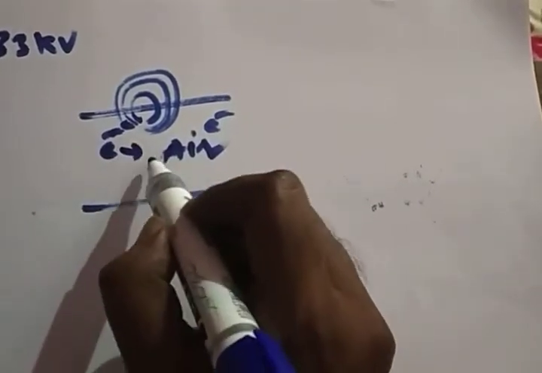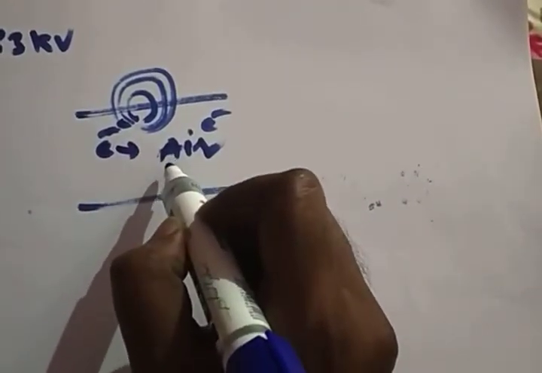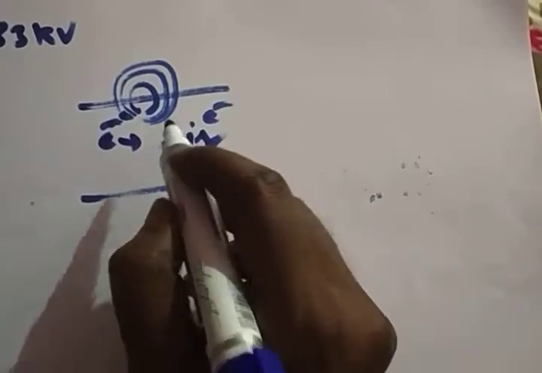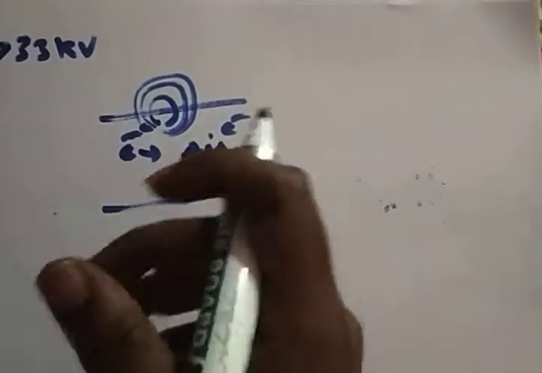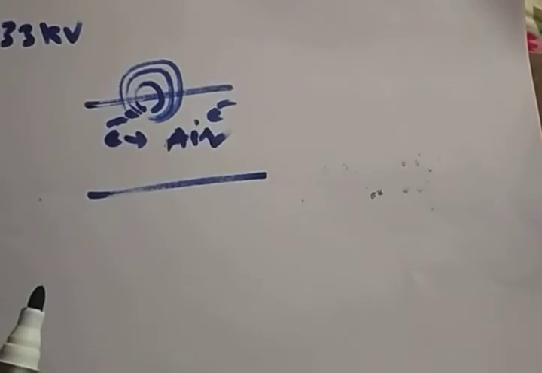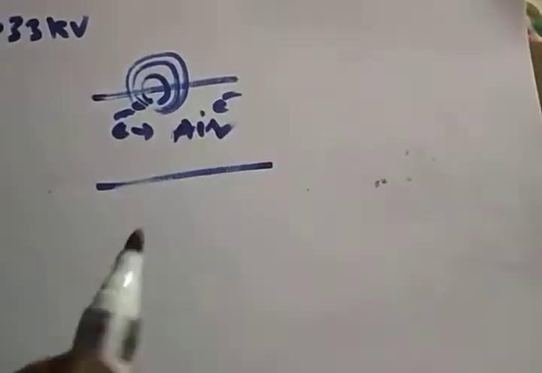Due to that force, these electrons collide with the molecules in the air, then develop another electron and ions, and it goes on. Likewise, there will be a conducting path between these two conductors, so some arc will be formed, some violet glow will be formed, and some sort of hissing noise will be present. That hissing noise we can call corona.